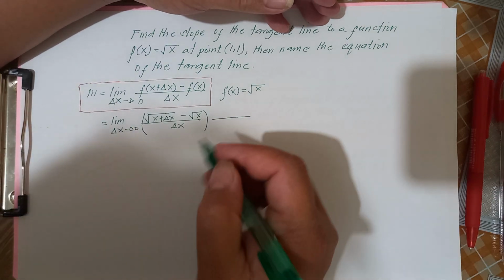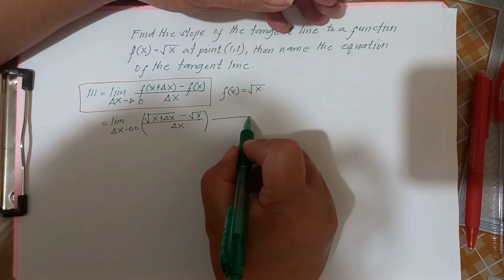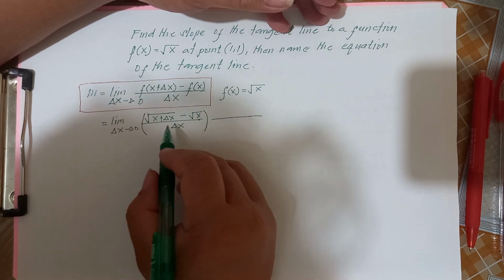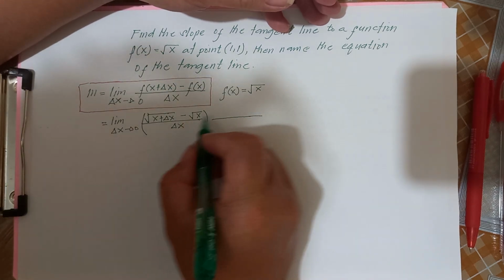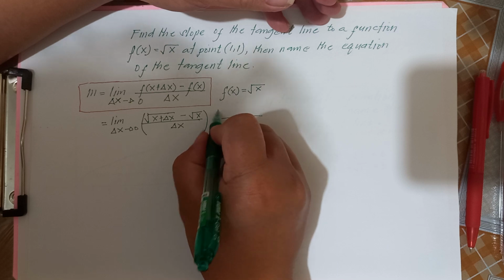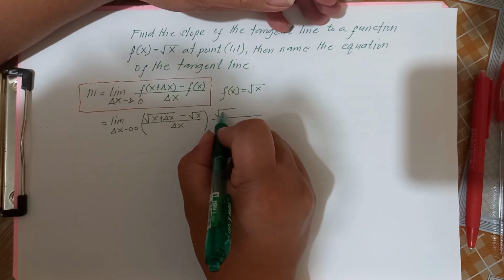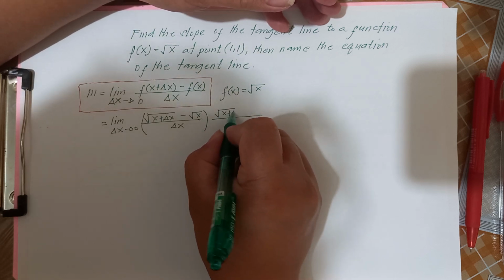That is the same as rationalizing the problem. So when we rationalize the limit, the opposite of this one will be the square root of x plus change of x.